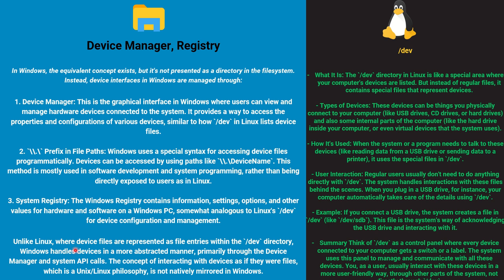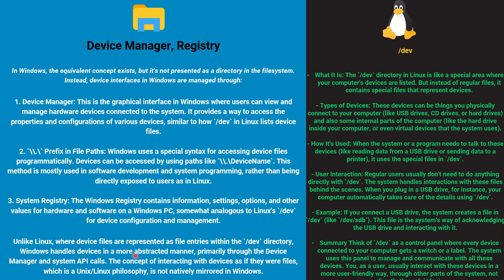Unlike Linux, where device files are represented as file entries within the /dev directory, Windows handles devices in a more abstracted manner, primarily through Device Manager and system API calls. The concept of interacting with devices as if they were files, which is a very unique philosophy of Unix and Linux, is not natively mirrored within Windows.